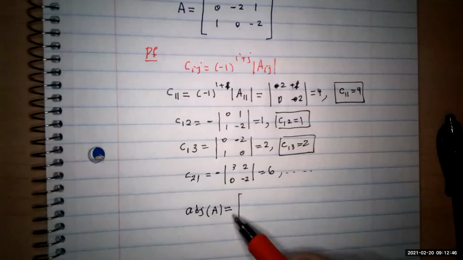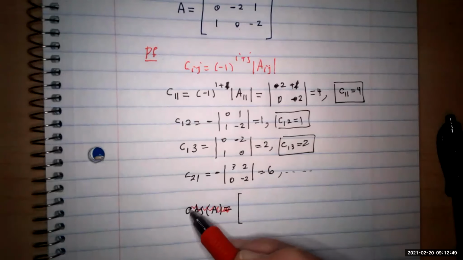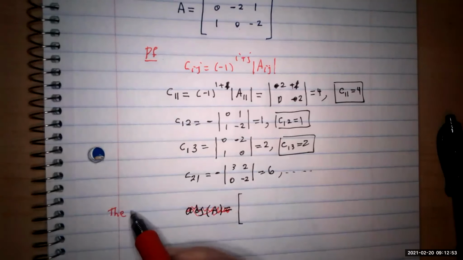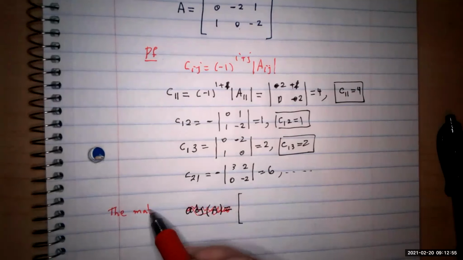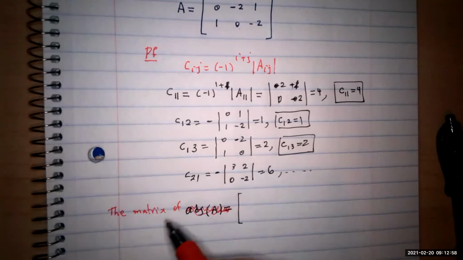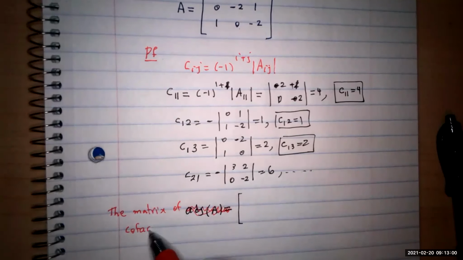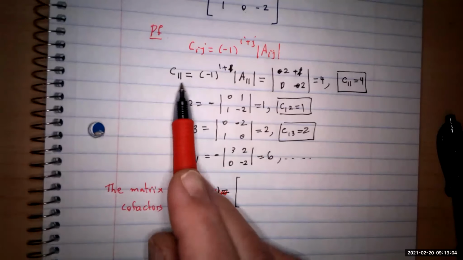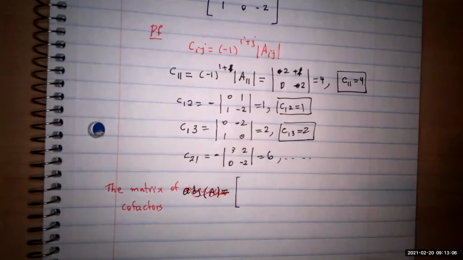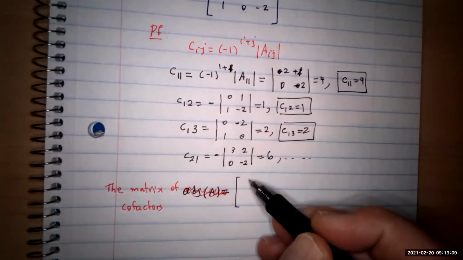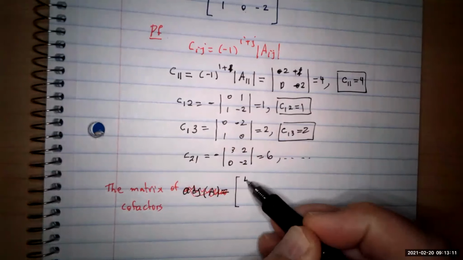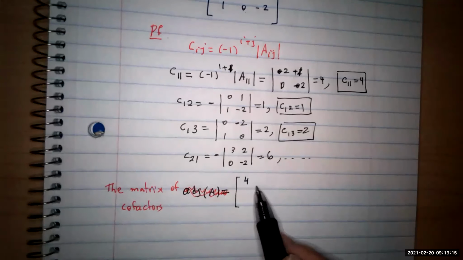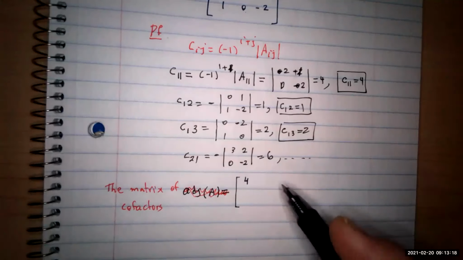So let's have the matrix of the cofactors. The matrix of the cofactors is just, for C11 equal to 4, you see. C11 is equal to 4, and C12 is equal to 1.